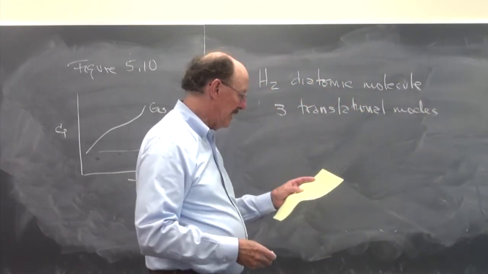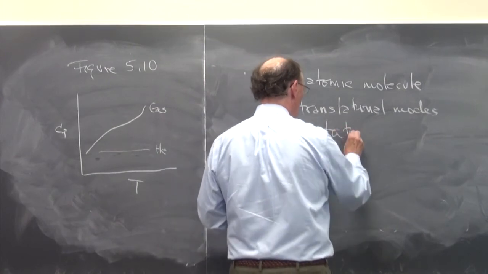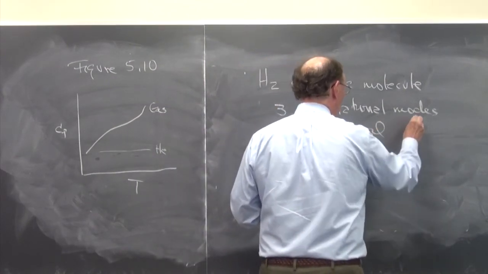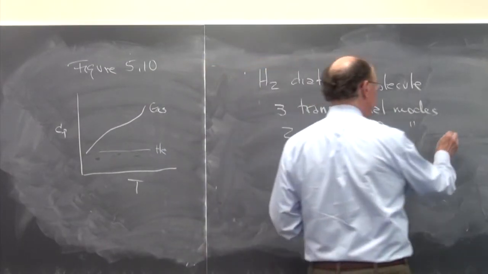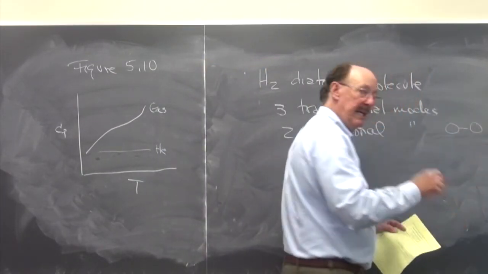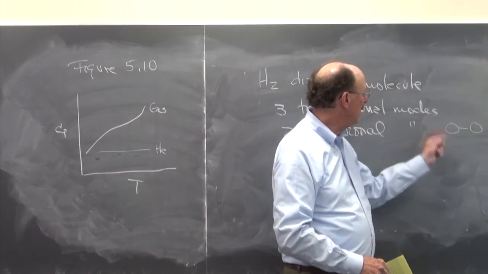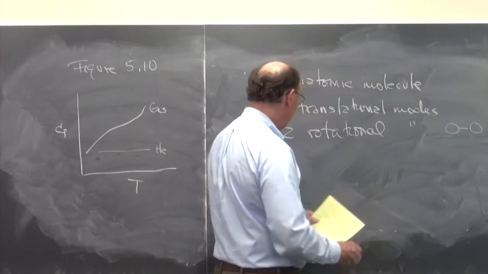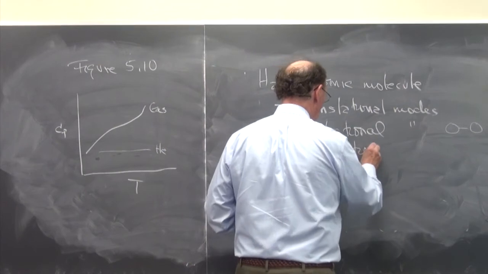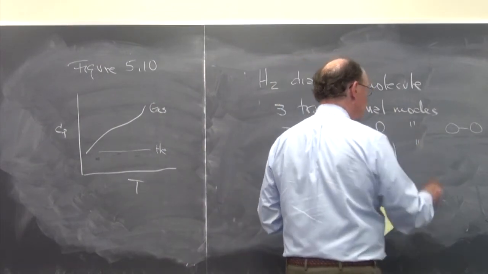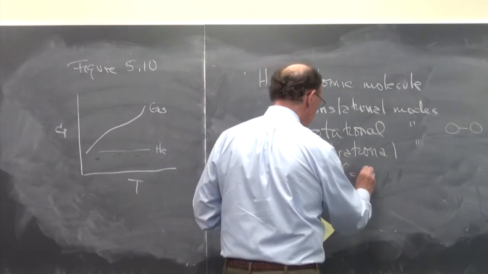So that's the XYZ. There are 2 rotational modes. And I had talked to you about the rotational modes for a diatomic molecule. They could rotate around, each atom could rotate around its center of mass, and we could have the whole thing rotate. And we have 2 vibrational modes. And so we have these modes, so we have F is equal to 7.